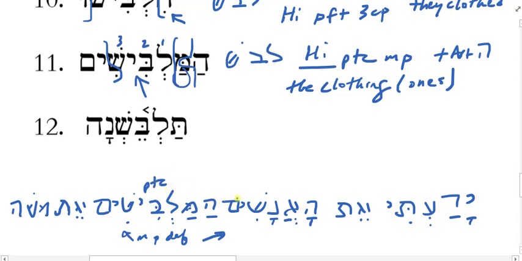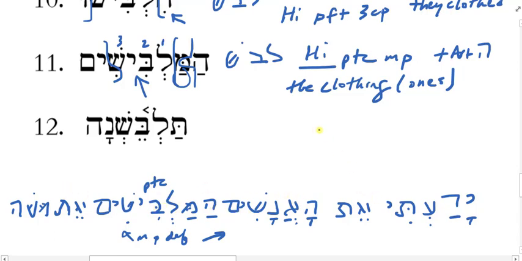And we're going to want to use a relative clause to do this, especially when the participle has its own direct object. In other words, you could translate this as, I know the clothing Moses men. But that's funny. I know the men who are clothing Moses.